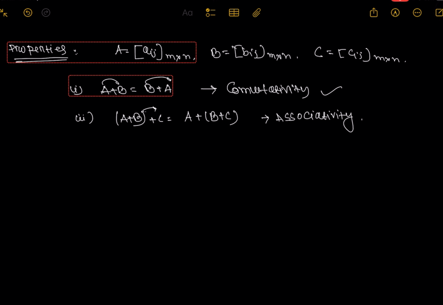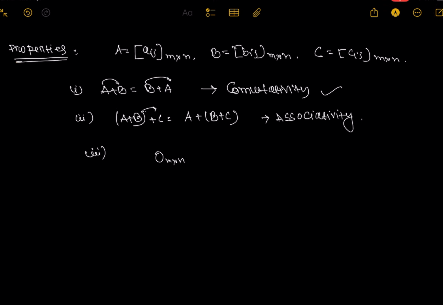For any zero matrix, what is a zero matrix? It is 0 of m cross n. This implies that all elements should be 0. This can be m cross m, n cross n, or others.